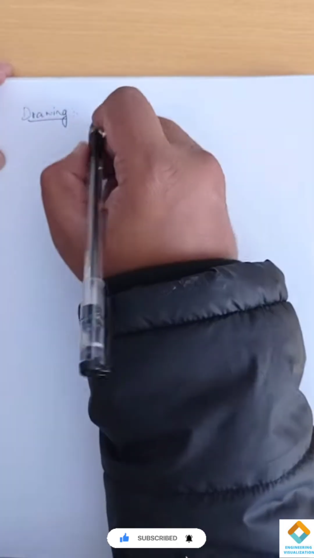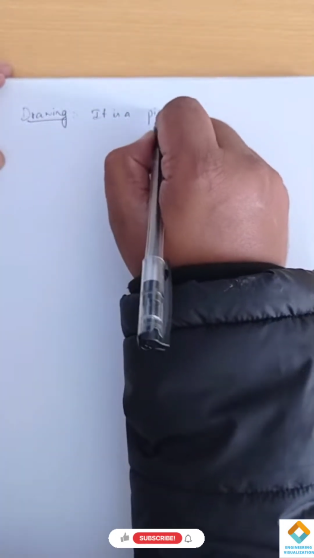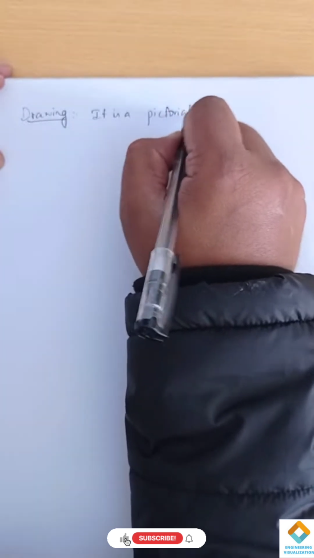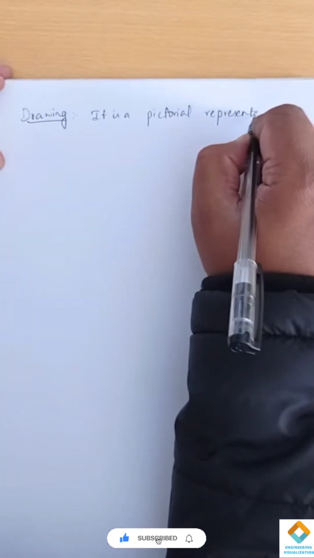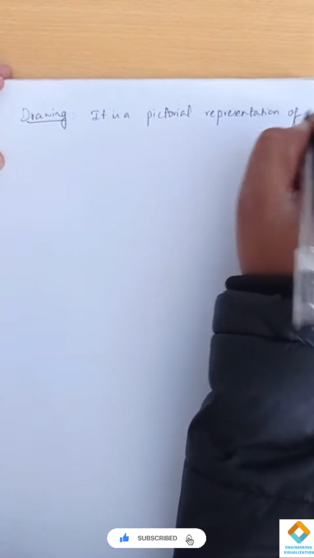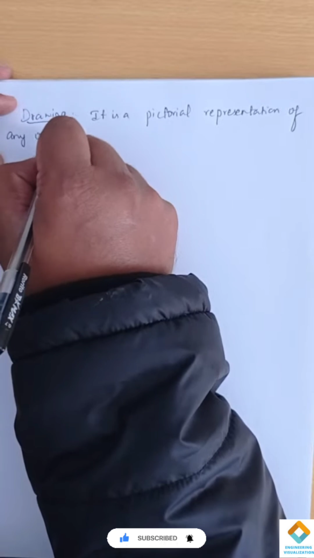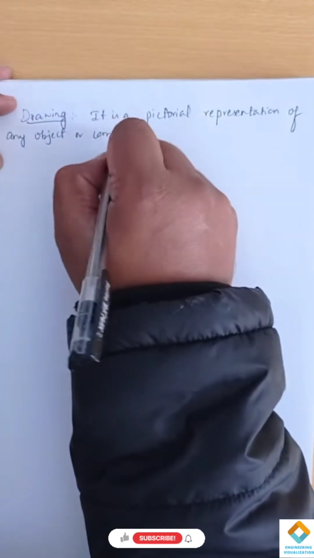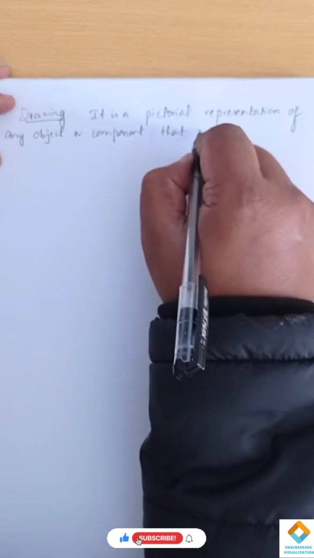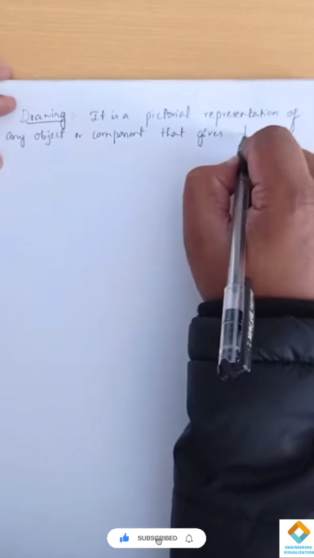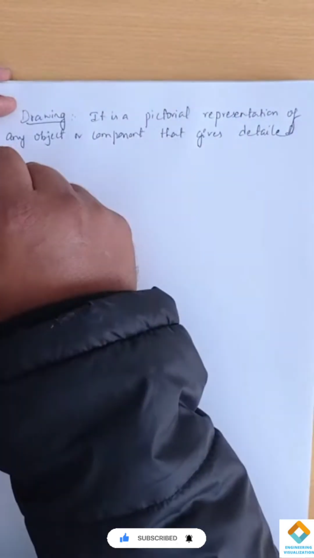So drawing means a pictorial representation of any object or component that gives a detailed description.